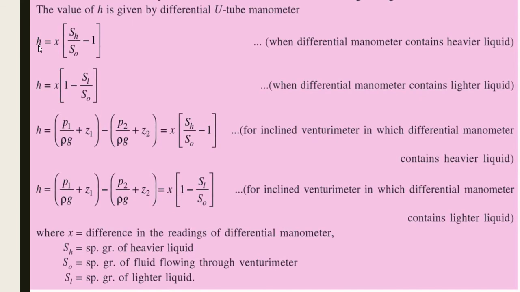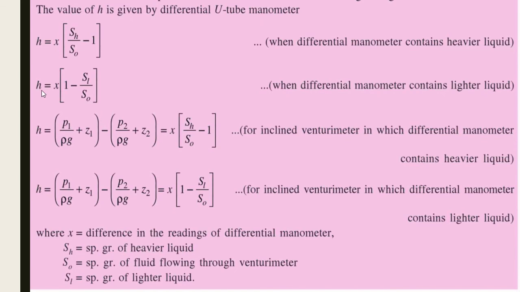The value of H, that is differential head, is equal to X into SH by SO minus 1. This is used when the differential manometer contains heavier liquid, meaning when water and mercury are connected. We have just used that in the previous problem.